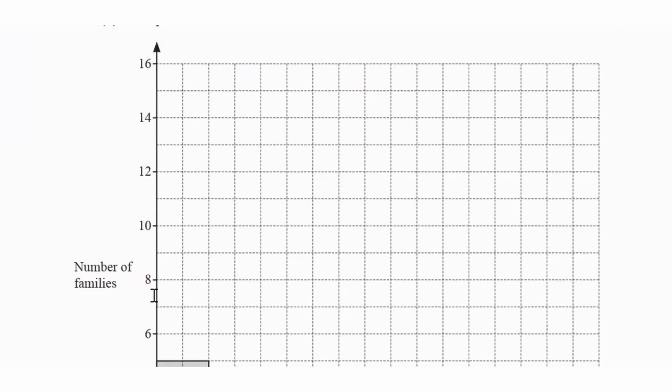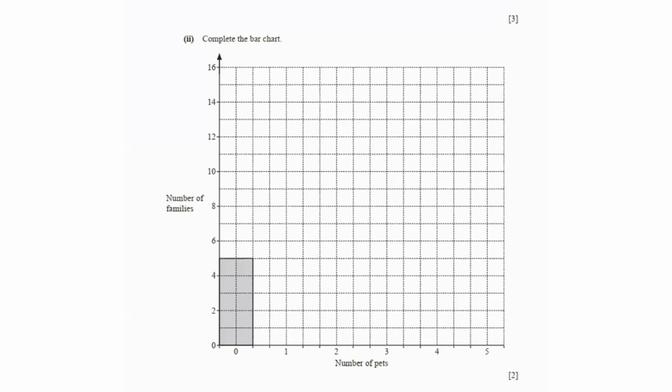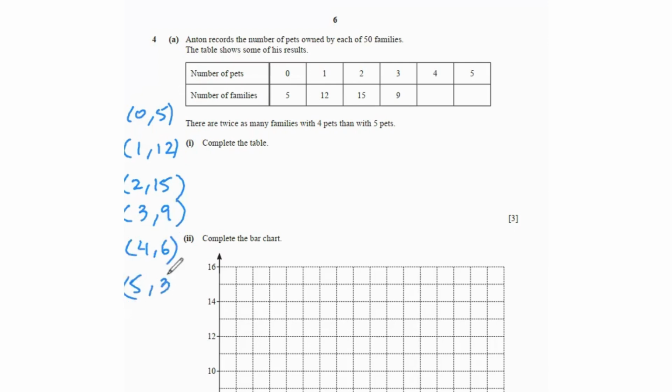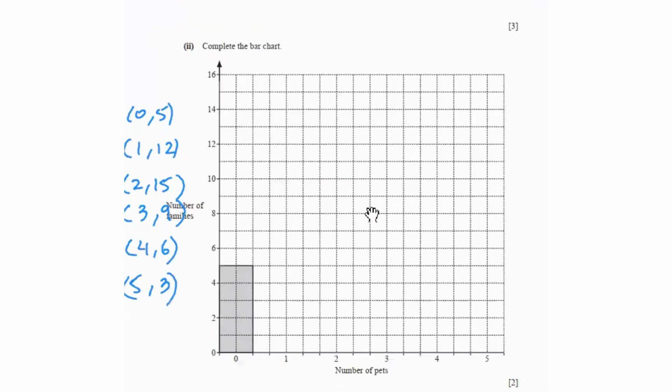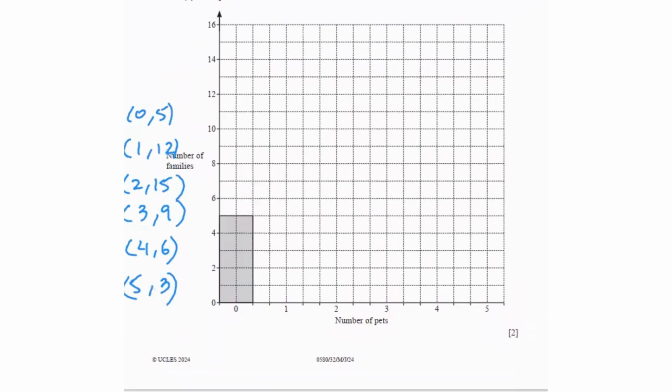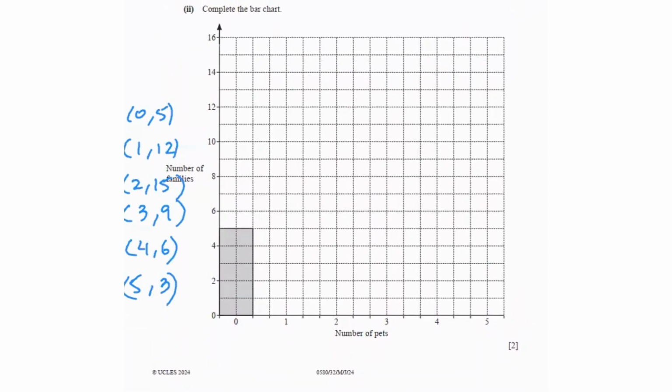Question 2 says complete the bar chart. Let's write on the values first. 0, 5; 1, 12; 2, 15; 3, 9; 4, 6; and 5, 3. So they've already drawn for 0, 5.